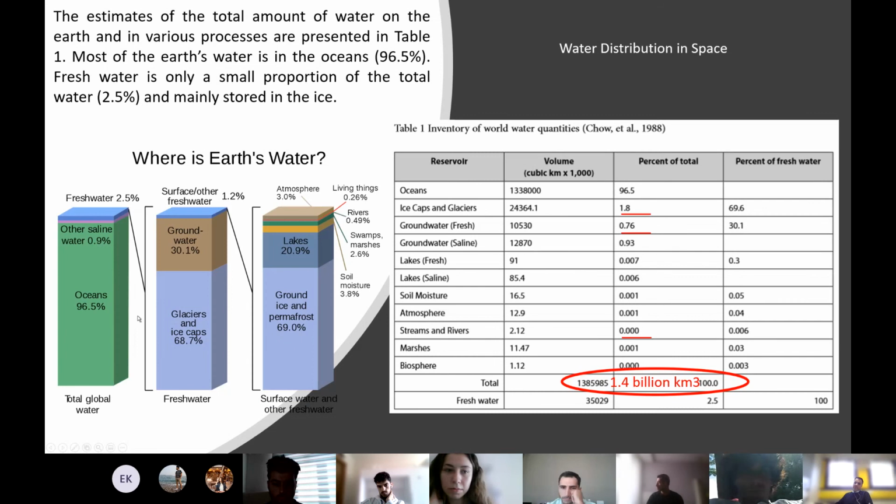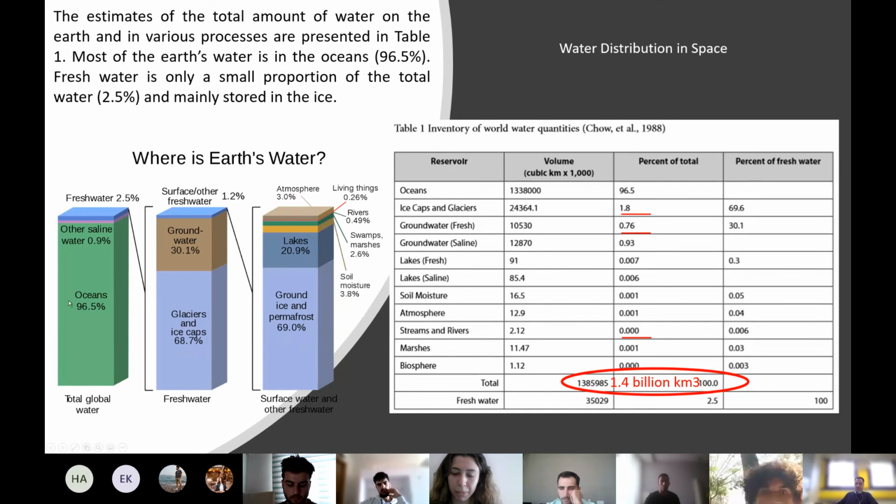In this graph, the comparison of the percentages of different reservoirs is shown more meaningfully. The first column shows total global water. From the total global water, 96% is in oceans, and 2.5% is fresh. There is also some other saline water, like saline lake water, that constitutes a small percentage.